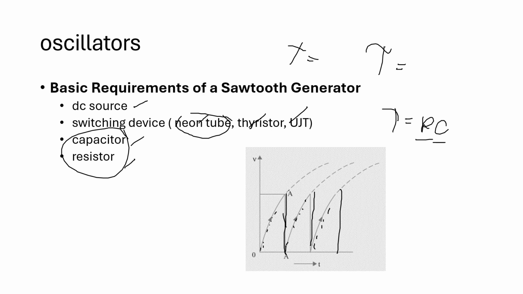Only the rising portion of the characteristic, from point O to point A, is almost a straight line when utilized. So we're going to design a circuit that will have that specific function: slow charging, fast discharge.